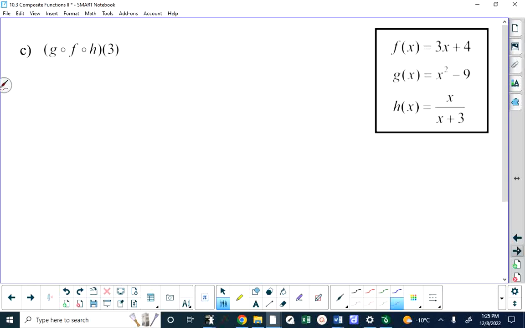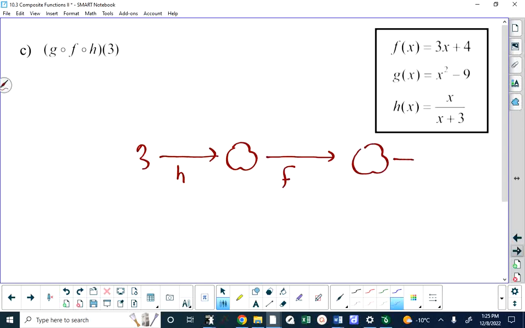G of f of h of 3. 3 goes through h. That goes through f. That goes through g. And this is your answer. And even as I'm talking and writing that, I'm going, geez, Paul, are you right here?